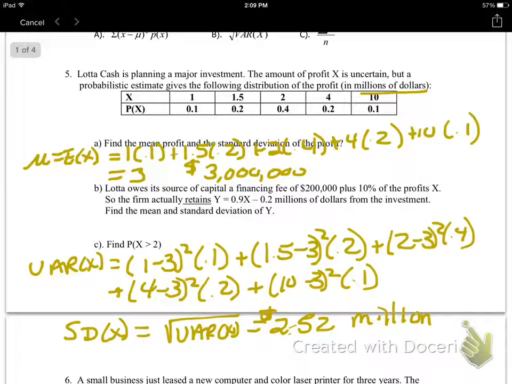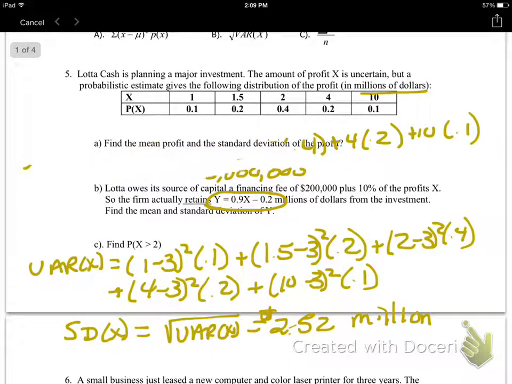Now let's look at B. It says Lada owes a source of income as a financing fee of $2 million plus 10% profit, so they retain this much money. Find the mean and standard deviation of y. Okay, let me erase what we have.